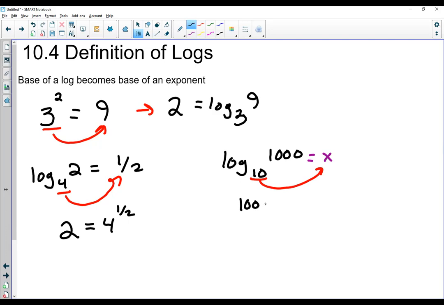So it'll be 1000 equals 10 to the X power. Then you ask yourself, 10 to what power would give you 1000? This is a little mental math. If not, you could just type in your calculator. But this is going to be 10 to the third, because 10 to the third would give you 1000.